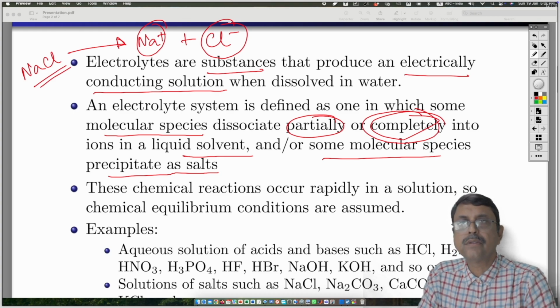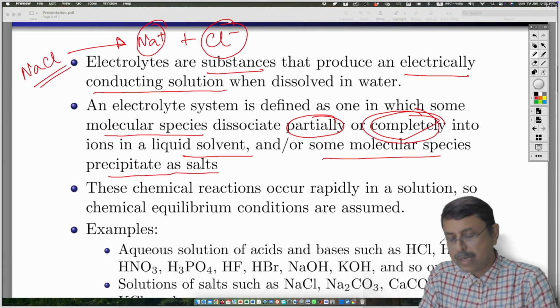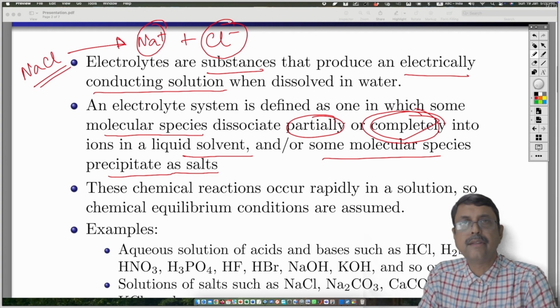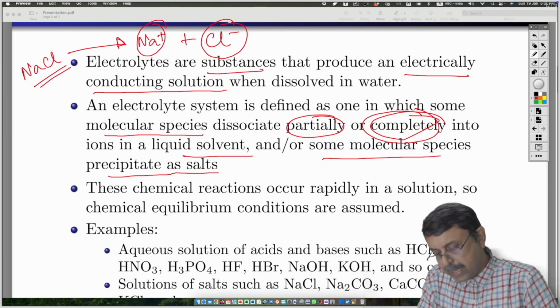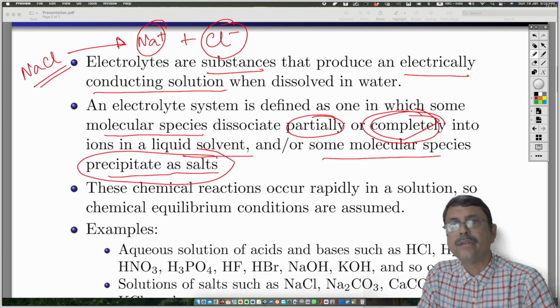There are some electrolytes which are weak electrolytes and they partially dissolve in water, but all of them are those molecular species. They get either dissolved partially or fully, and they can precipitate as salt also.